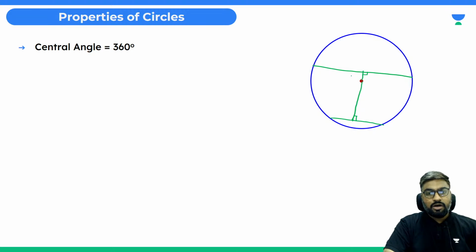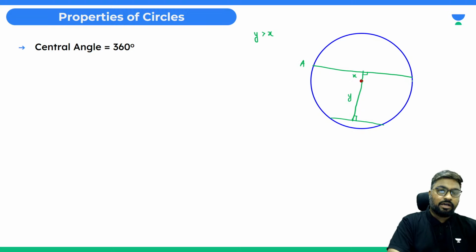Which distance is longer? Is x longer or y longer? Since y is greater than x, the chord assigned to that particular line segment or that particular perpendicular will be shorter. This basically means CD will be shorter than AB. Understood?